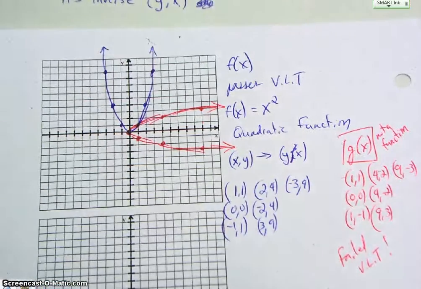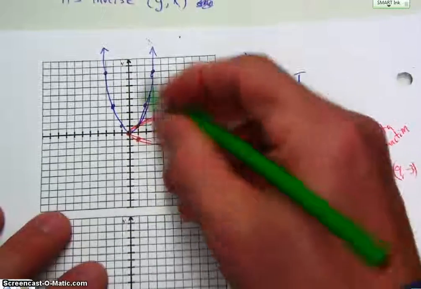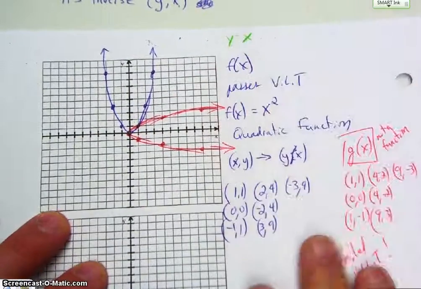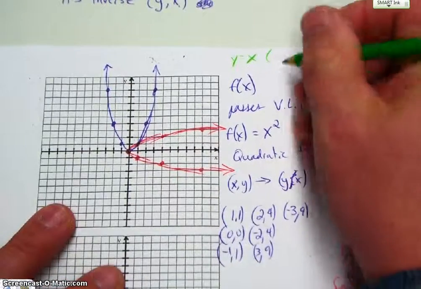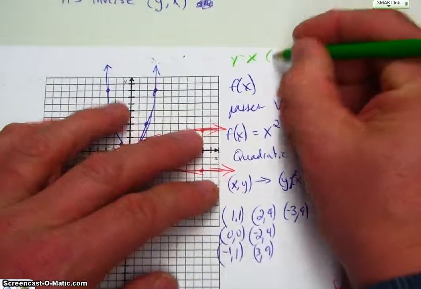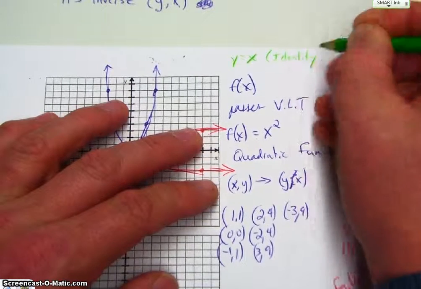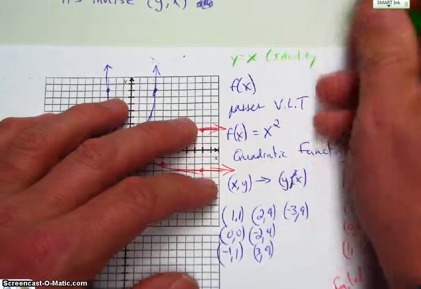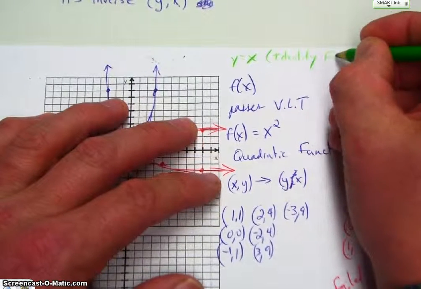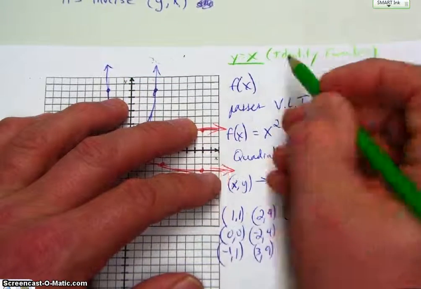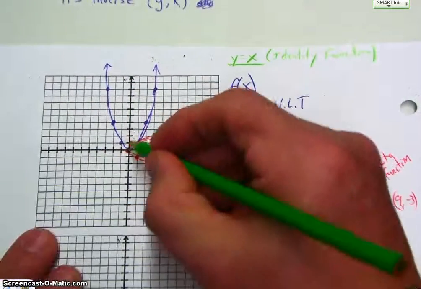Well, if I go ahead and graph the y equals x line, if you remember this from the first activity on transformations, this is called the identity function. It's the y equals x line.